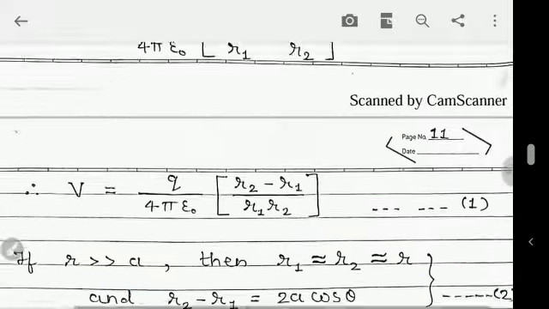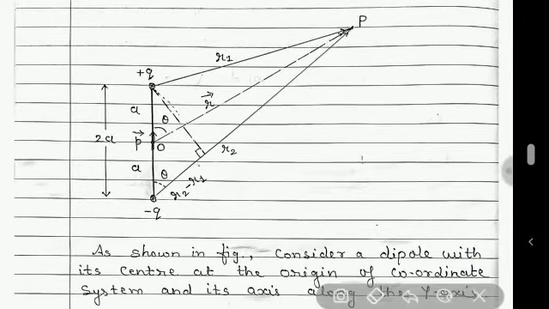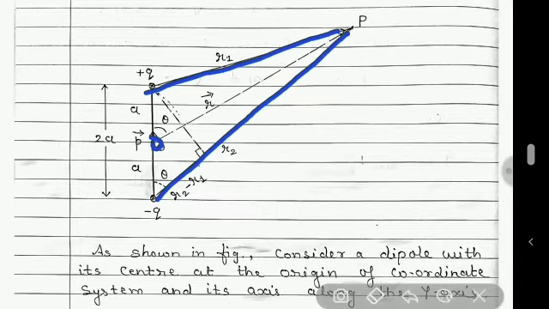Let us see the figure also. You can see in this figure this distance r1, this distance r2, and from the center of the dipole, this is the distance r. Actually we can see that these distances are not equal. The largest is r2 and the smallest distance is r1.